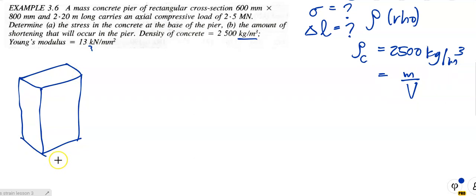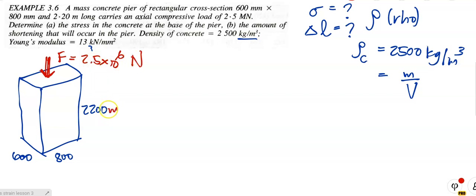Right, so it says it is 800 wide by 600 that way by 2,200 millimeters high, and it's undergoing a load of 2.5 times 10 to the power 6 newtons. Okay, and that's millimeters. Here we go, that's it in a picture.